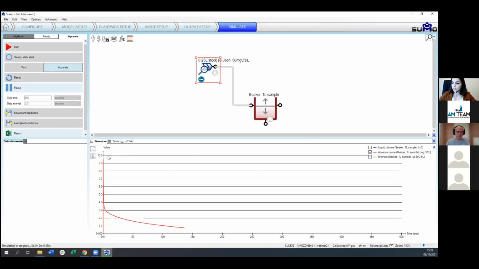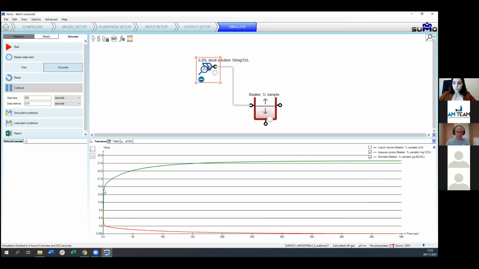If we zoom in, we can see a big jump in the ozone concentration in the beaker, because we are injecting ozone in only 10 milliseconds. Then we see a drastic drop within the first seconds, 3 point something seconds, and then a gradual decrease in the ozone concentration.